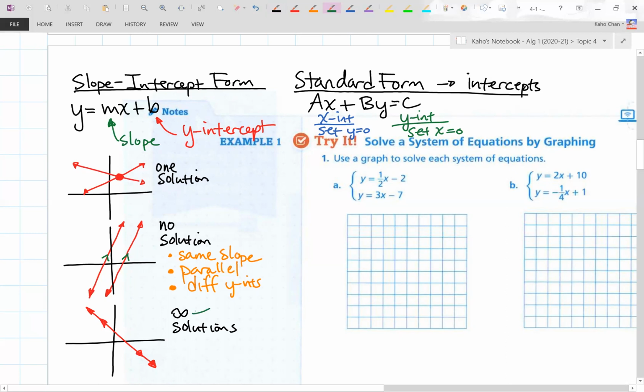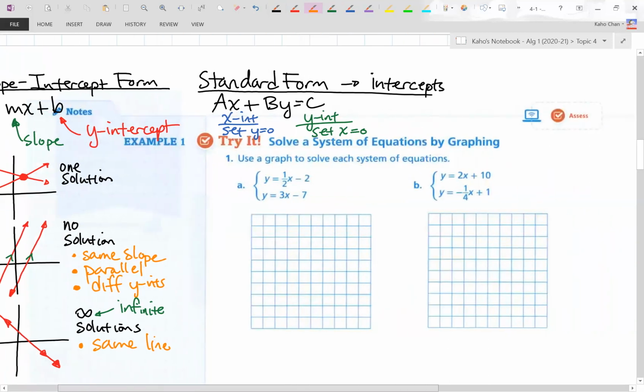We know that symbol, the sideways 8, is infinite, meaning all the values are the same. This is because it's the same line. So those are the three scenarios that we have for today. Graphing is one of those strategies that we use to solve for that.